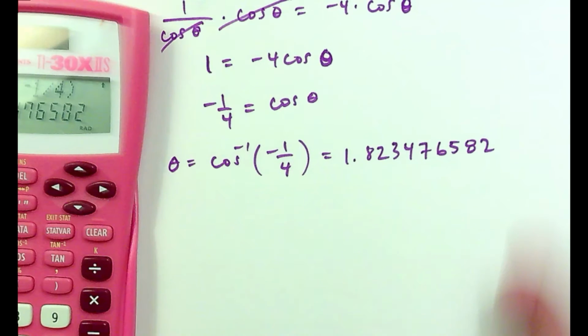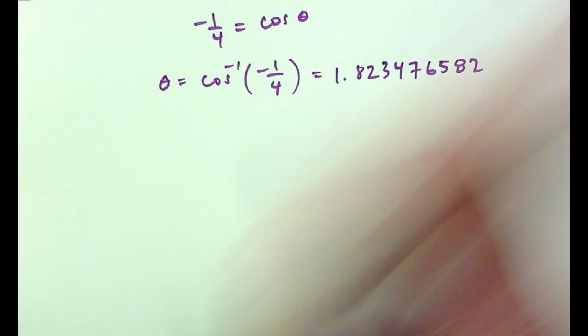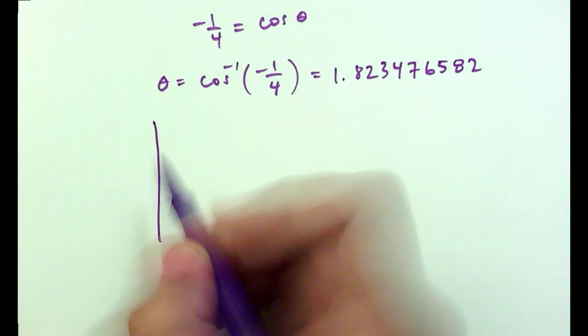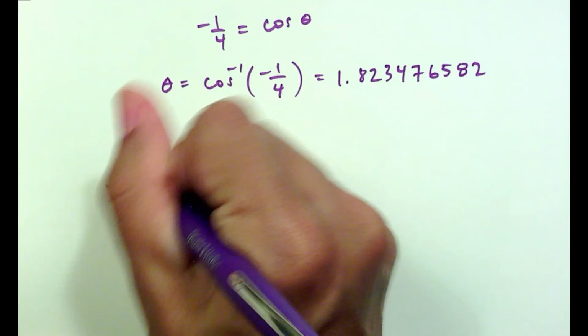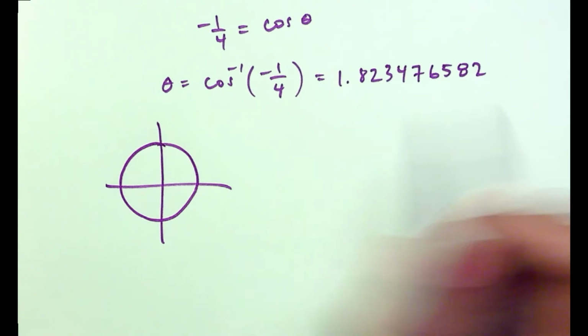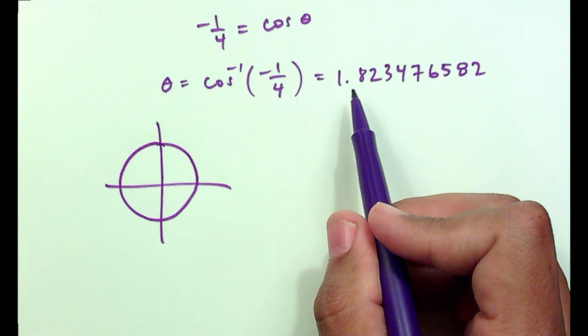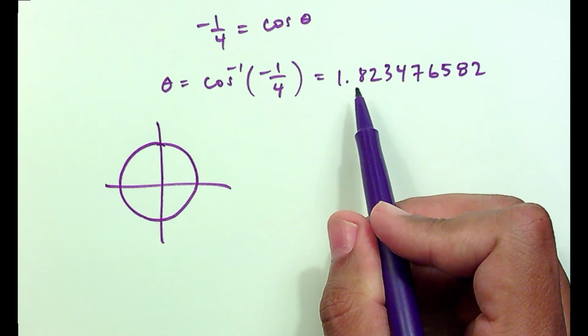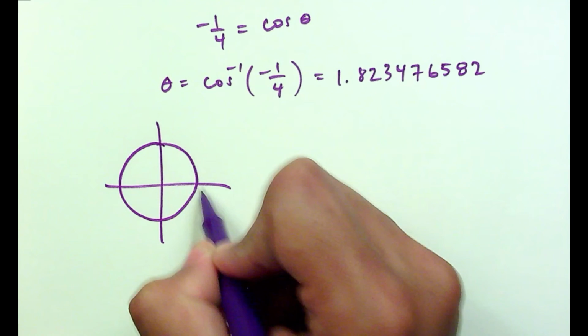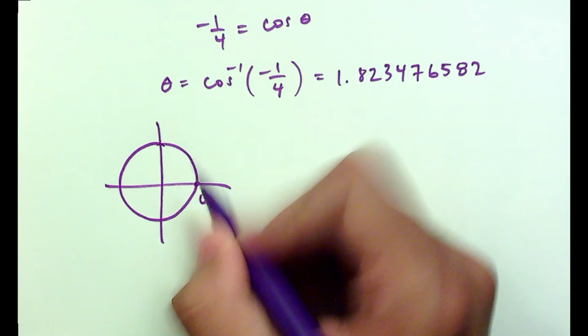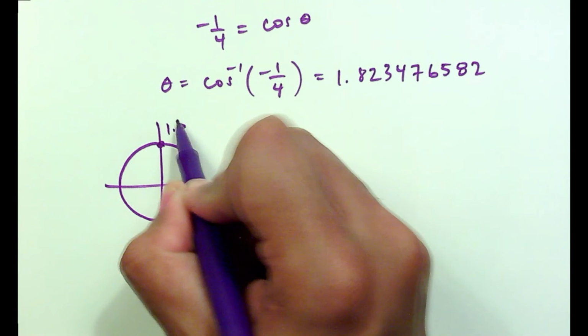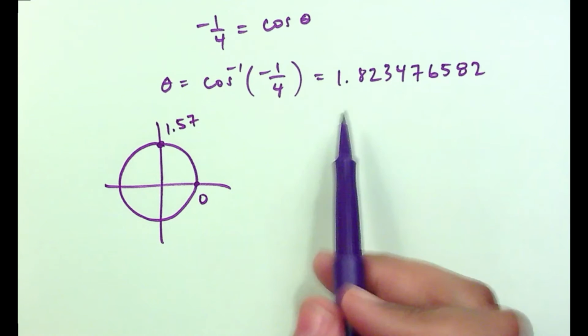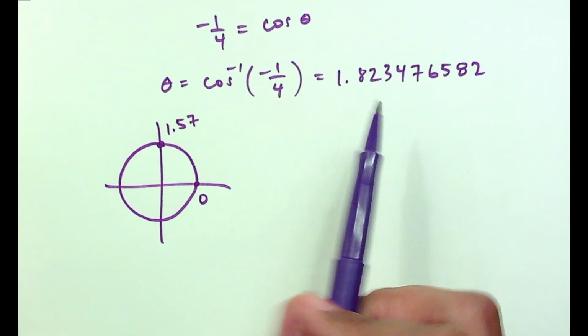Okay, and then to get the second answer, just draw your unit circle. Note, this one is an example where it's not in the first quadrant. Why is that? This is 0. This one is, remember, about 1.57. This is bigger than that.